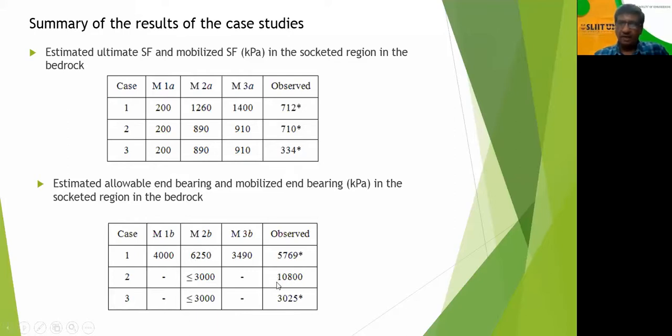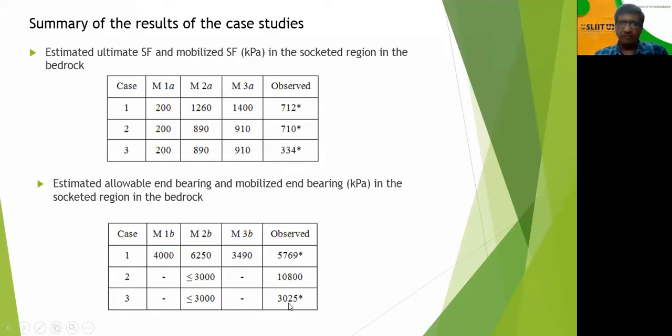Now for case 2, the mobilized value is about 10,800, but there are no predictions here. Even the Hong Kong guidelines will predict less than 3,000, whereas what is mobilized is about 10,800.